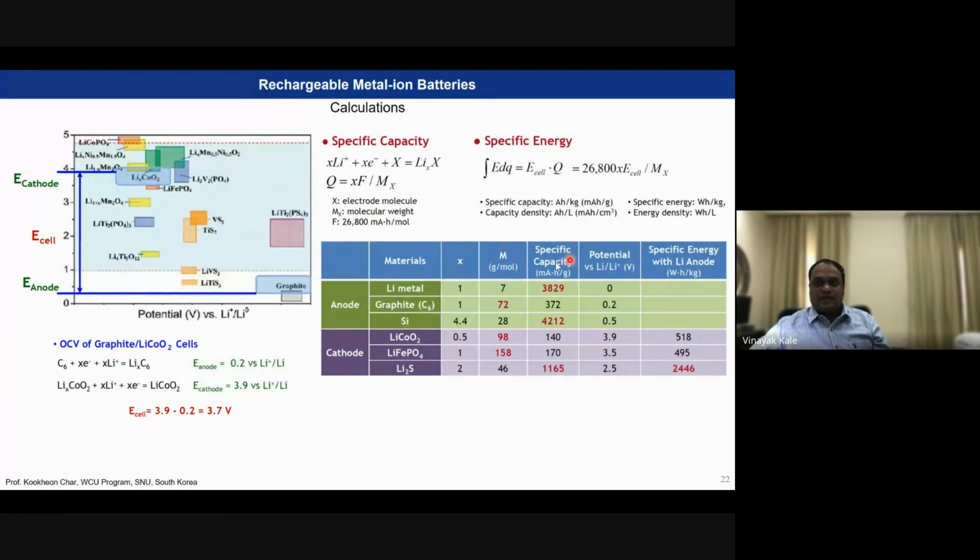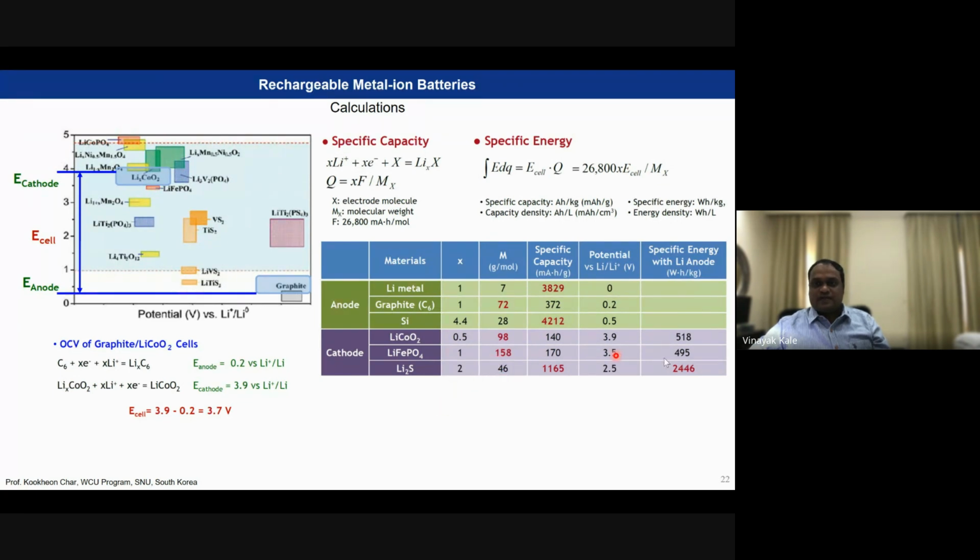Similarly, we can calculate the specific energy on the cathode side. Specific energy is nothing but the Faraday constant times the total potential of the cell divided by the molecular weight of the electrode. For example, if you want to calculate the specific energy of lithium cobalt oxide, the Faraday constant is 26,800, the potential of the cell is 3.7, divided by the molecular weight of lithium cobalt oxide, which is 98.